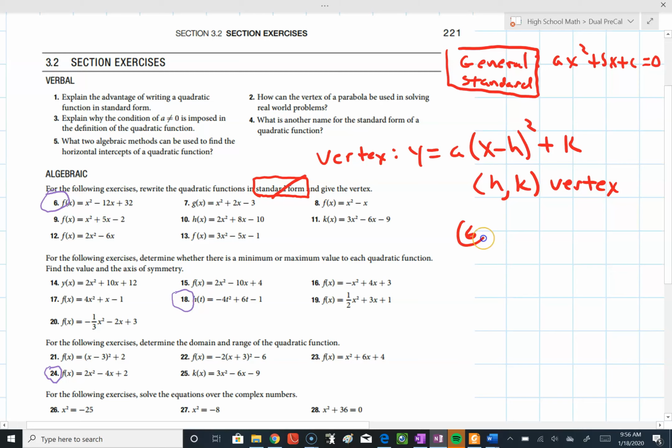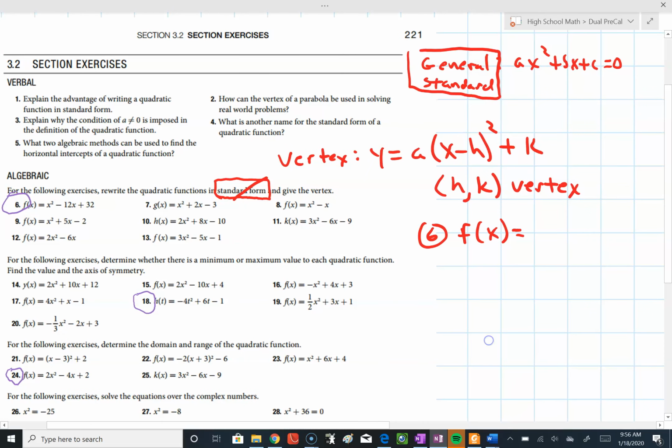6 says we have f of x is equal to x squared minus 12x plus 32. In order to get from general or standard form into vertex form, we will complete the square.